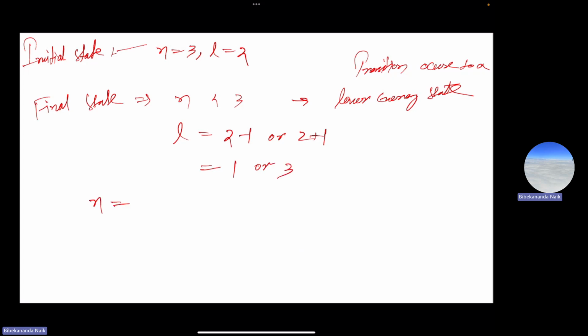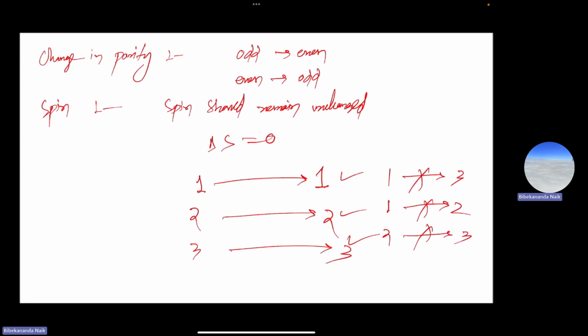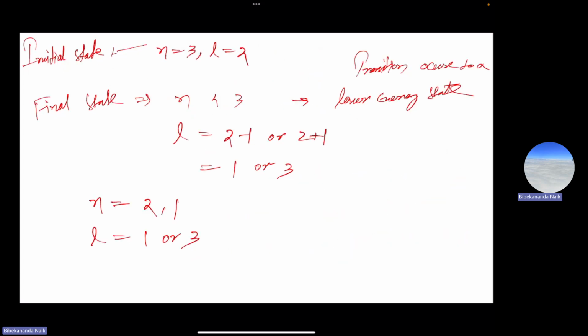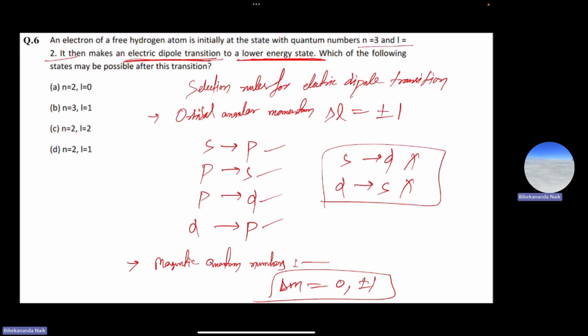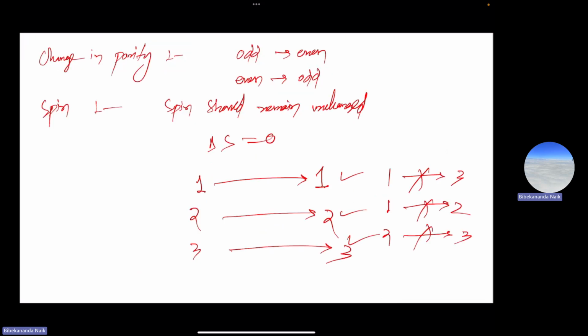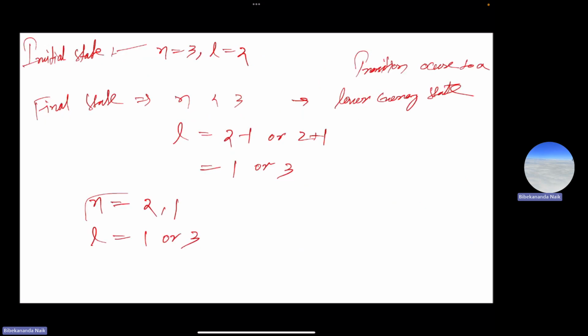So n is 2 or 1, L is 1 or 3. So if you see the possible options, which of the options satisfies our requirements? n is 2, L equal to 0; n is 3, L equal to 1; n is 2, L equal to 2; and n is 2, L equal to 1. So n is 2, L equals 1.